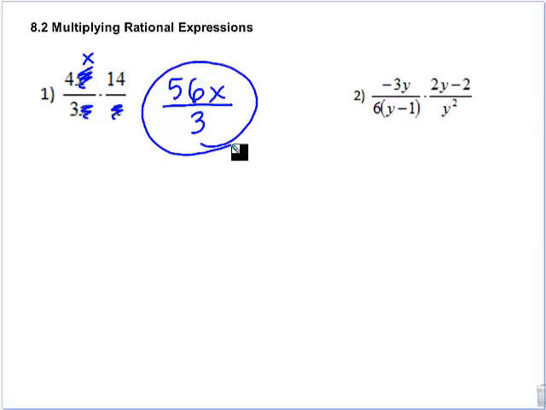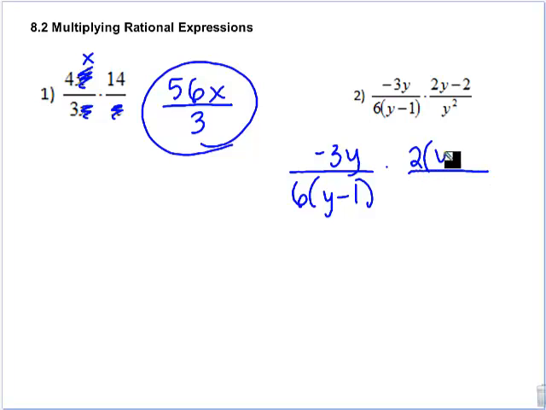Is there any part of this that maybe has a GCF? 2y minus 2. So we could certainly factor the 2y minus 2. How would the 2y minus 2 factor? What can I take out? The 2, and I'm left with a y minus 1.